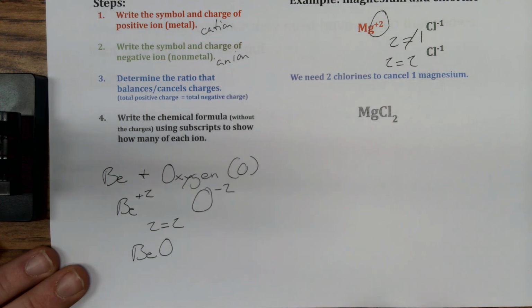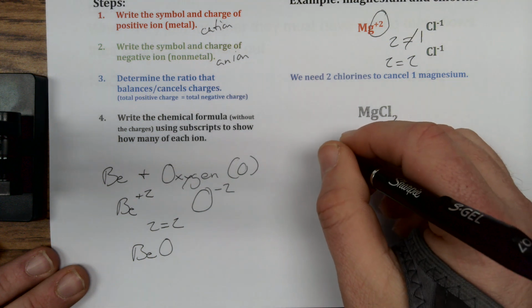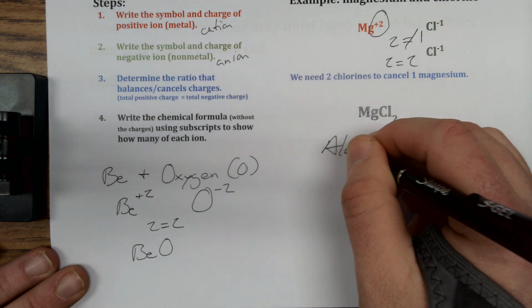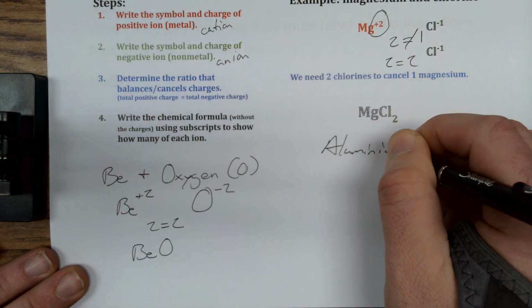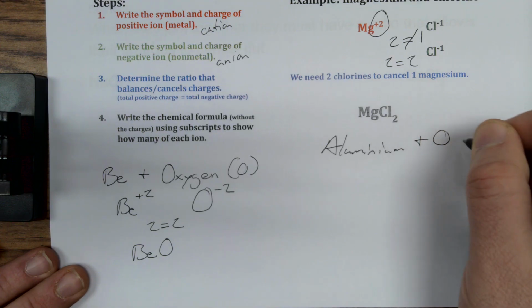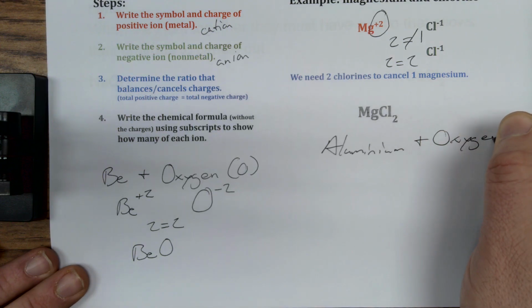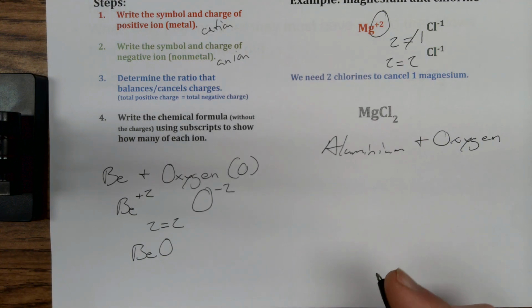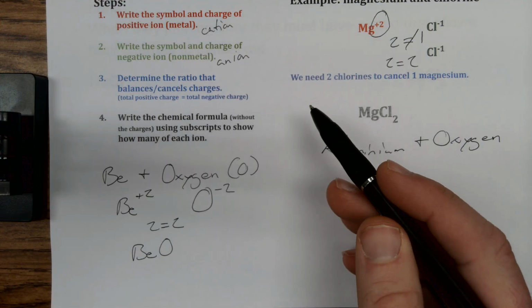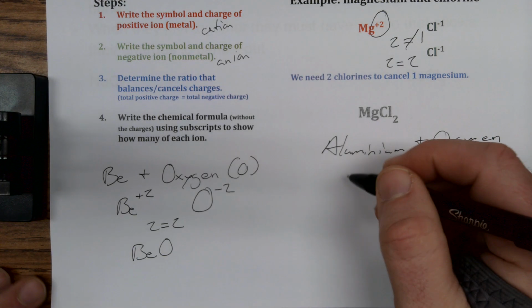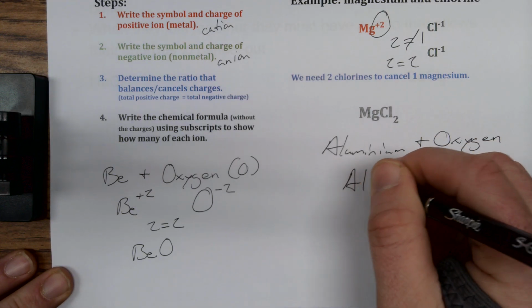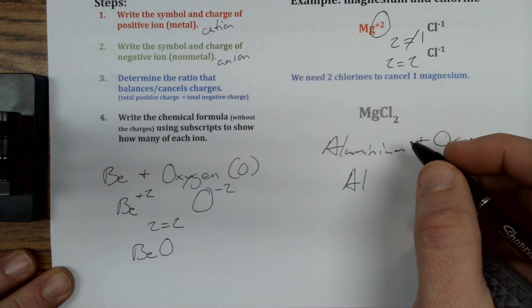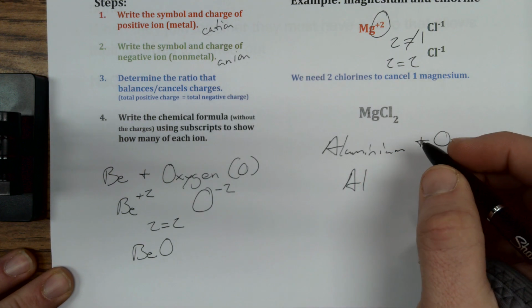Now let's do one where we have to mix things up. Let's look at aluminum and oxygen. Step 1, write the symbol and charge of the positive metal. So that's Al. What is the ion charge on aluminum?